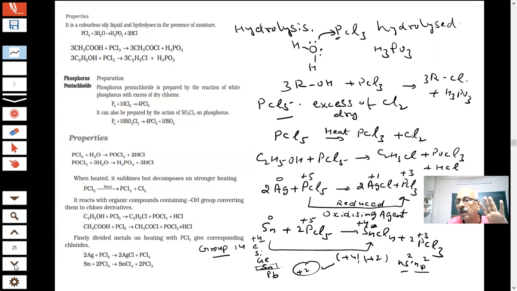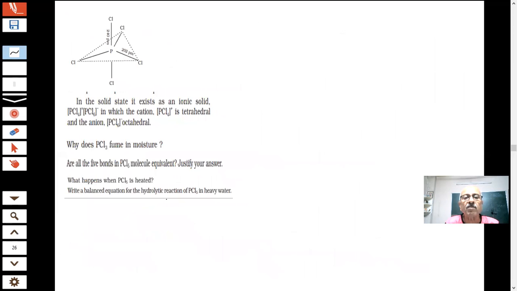Everything is linked. If we try to understand, then we will learn. Not interested in cramming things; we will have to use our mind. How a reaction takes place, what type of changes are taking place, redox, oxidation number, Lewis acid, Lewis base, and how hydrolysis is taking place helps us a lot.